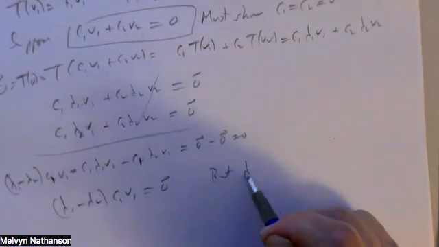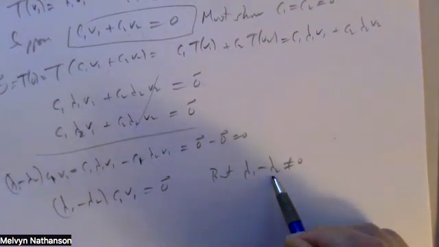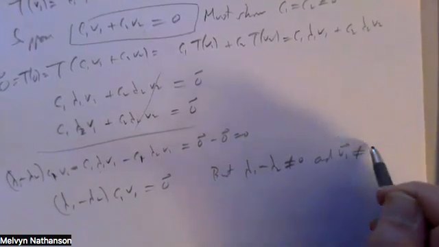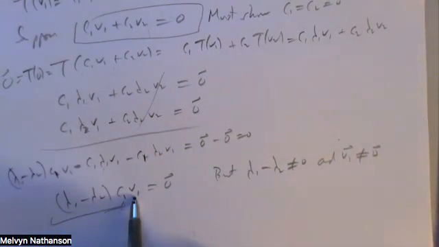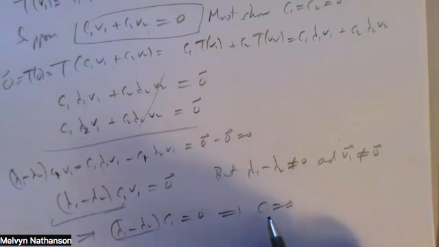But lambda 1 minus lambda 2 is not 0, because lambda 1 is different from lambda 2. And V1 is not the zero vector. The only time a scalar times a vector is 0 is when the scalar is 0. So lambda 1 minus lambda 2 times C1 is 0, but this is different from 0, so C1 is 0.